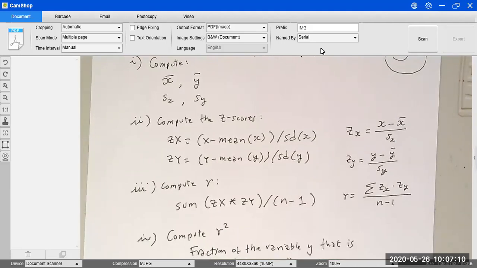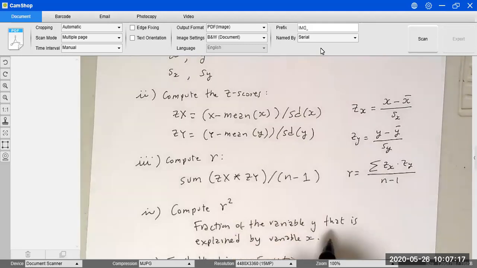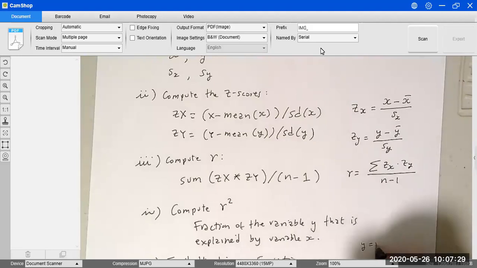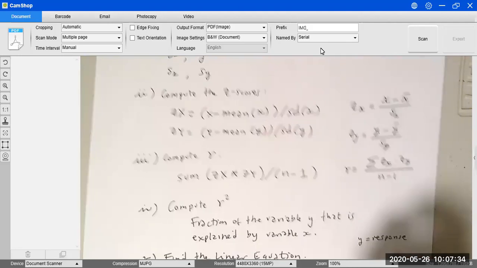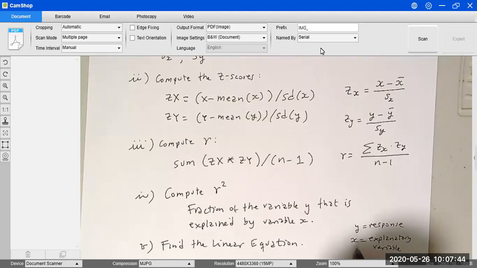Then we're going to use R squared to know the fraction of the variable y that is explained by the variable x. So R squared is going to be a percentage of the values that you have for your response. Usually y is the response, and x is the explanatory variable. So we are trying to understand y as a function of x. We are trying to know how y behaves by knowing how x behaves.